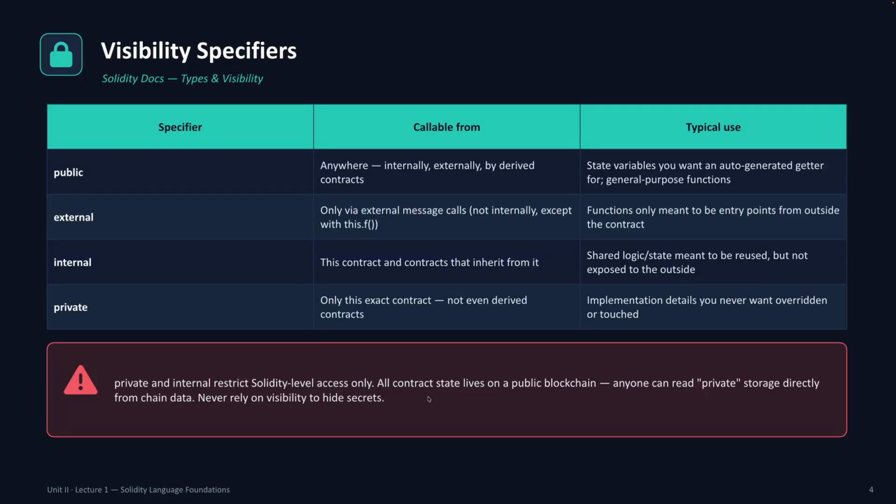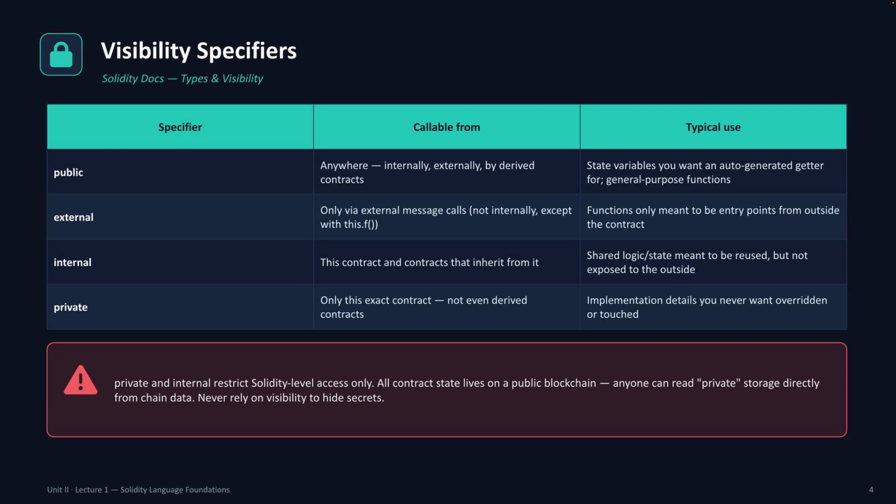Let us now look into the visibility specifiers. What is a specifier? From where can it be called? And what is its typical use? Public specifier. This is callable from anywhere. You can call it from within the contract, from outside the contract, or from the derived contracts as well.